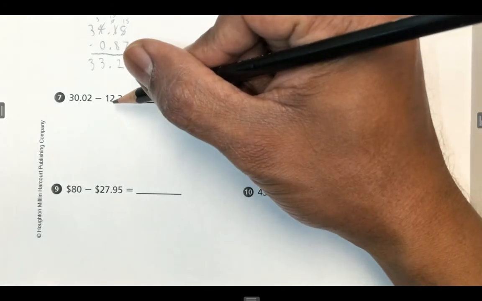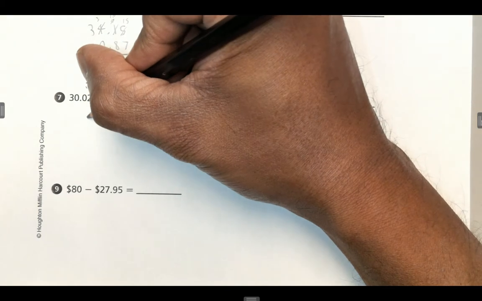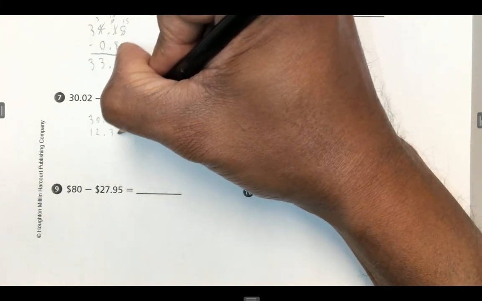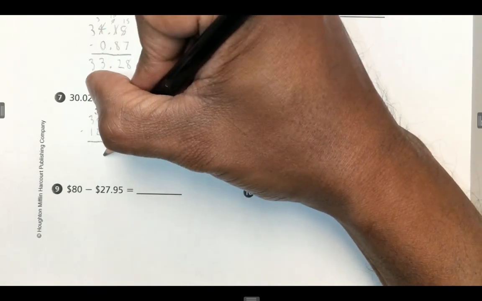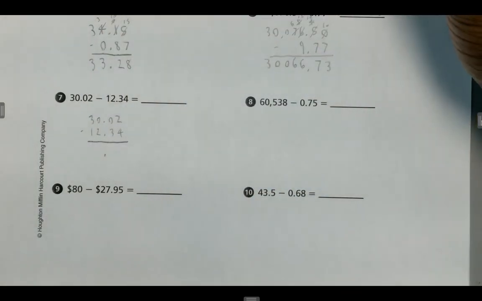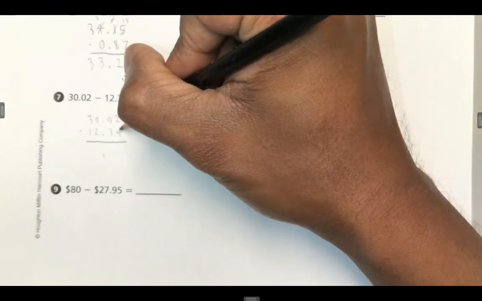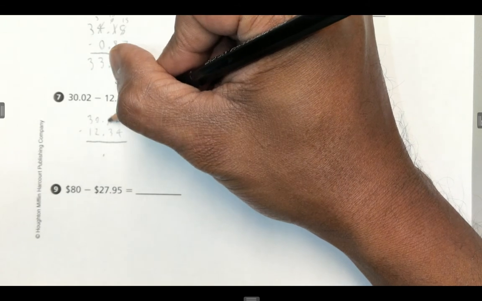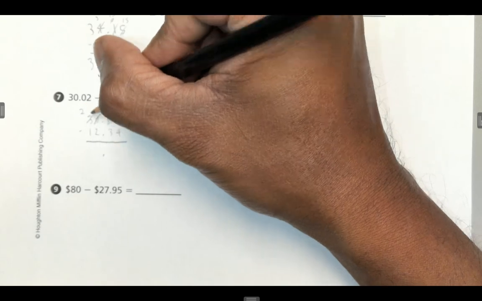$30 and 2 hundredths minus 12 and 34 hundredths. Okay. Setup there is pretty simple. Same number of digits. 2 minus 4, 2 needs to borrow. We've got to subtract across zeros here. This 3 in the tens place becomes a 2.